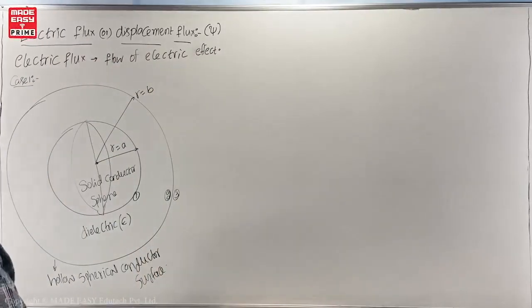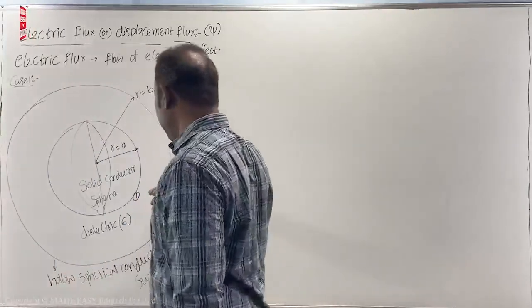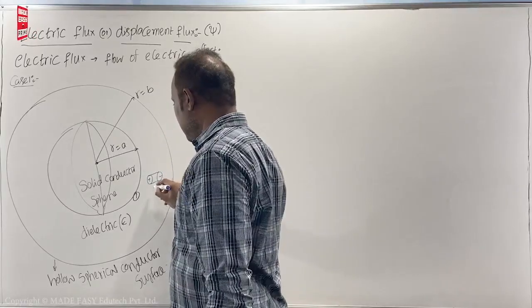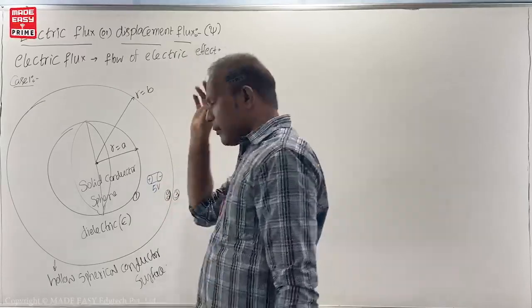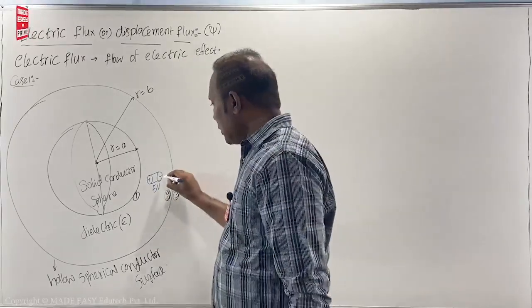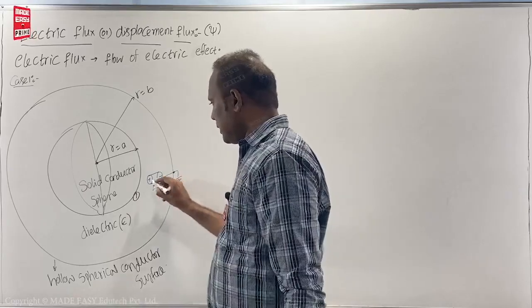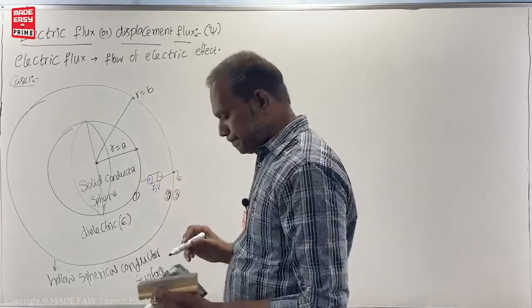Now if I take a battery here, then connect like this, plus minus 5 volt, let us say. Whenever I connect the battery, automatically one terminal is connected like this, it is grounded, and one terminal is connected here.